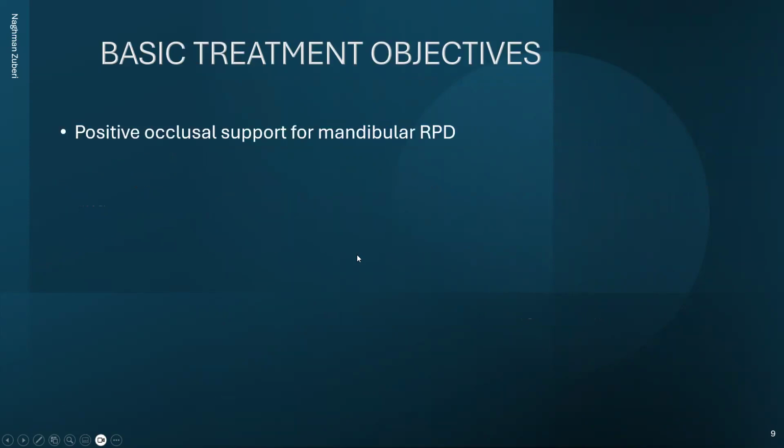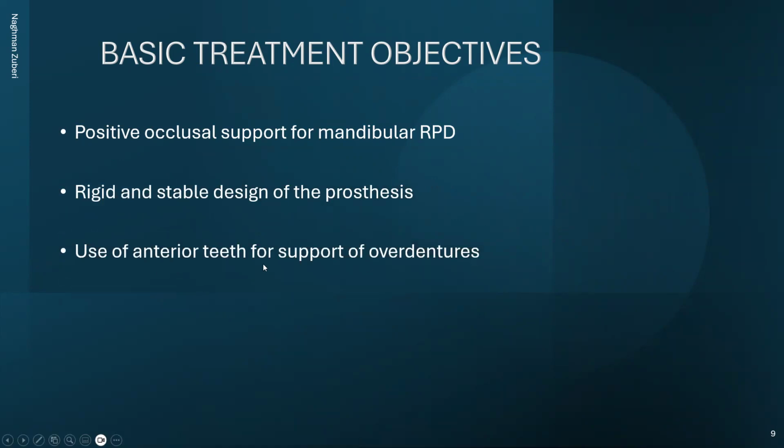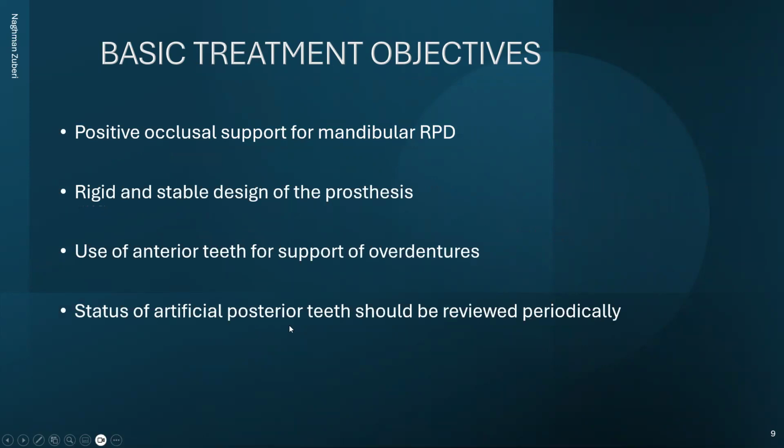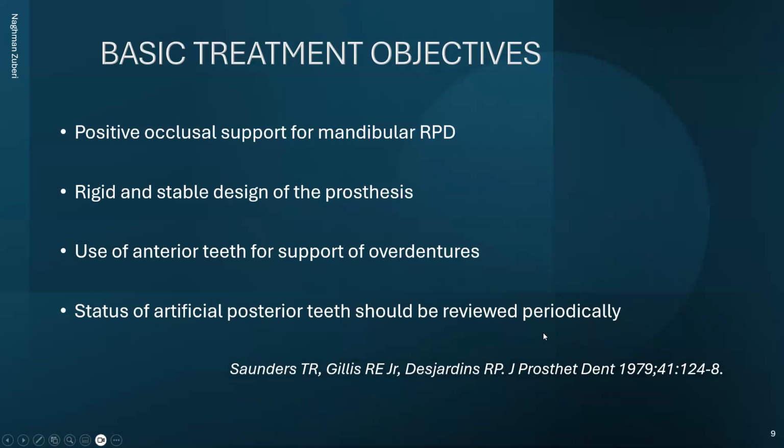Basic treatment objectives are positive occlusal support for the mandibular RPD, a rigid and stable design of the prosthesis, and use of anterior teeth for the support of overdentures where possible. The status of artificial posterior teeth should be reviewed periodically because bone is resorbing. So, periodically, when you examine the patient, if the patient is in need of relining or rebasing of the lower RPD, you have to perform that.